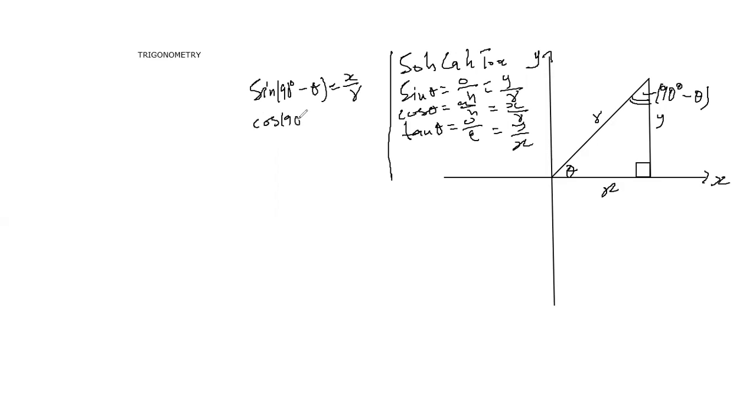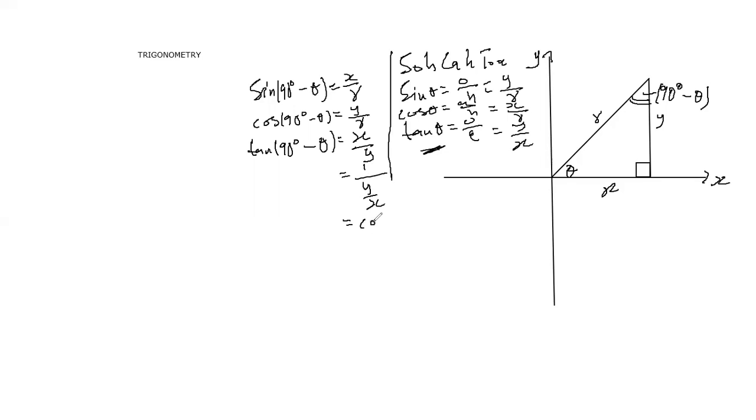If I look for cos 90 minus theta, that becomes y over r, because for this angle, the adjacent side is y. And finally, for tan 90 minus theta, the opposite is x and the adjacent is y. Actually, this is just 1 divided by y over x, which is what we had when we were looking for tan theta.